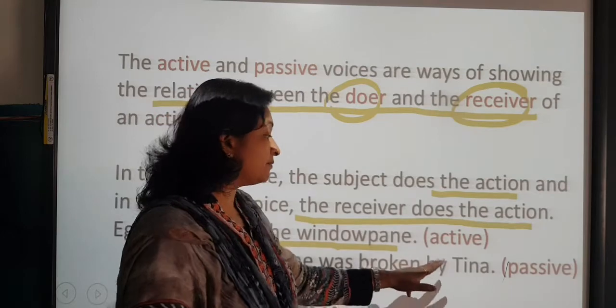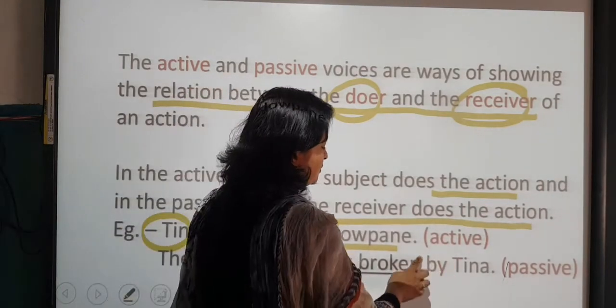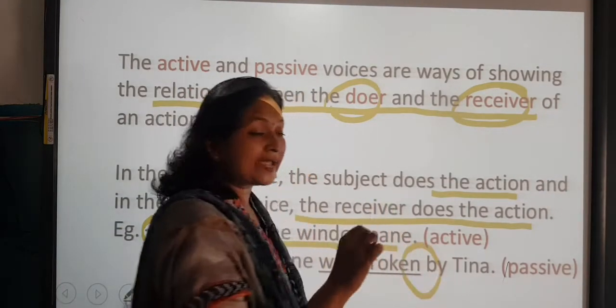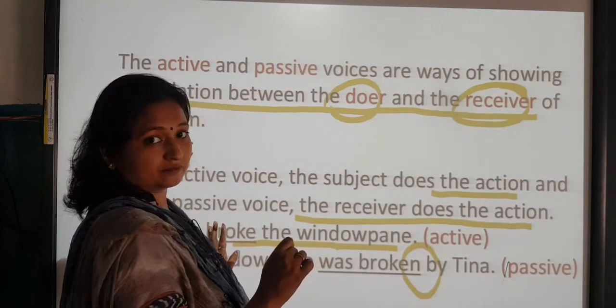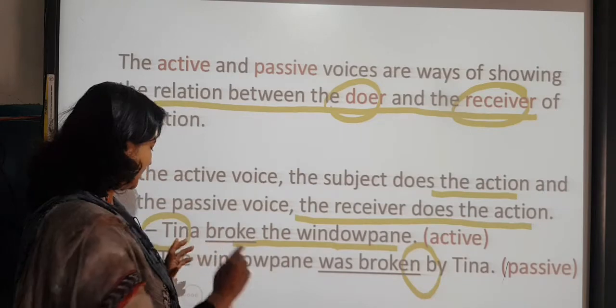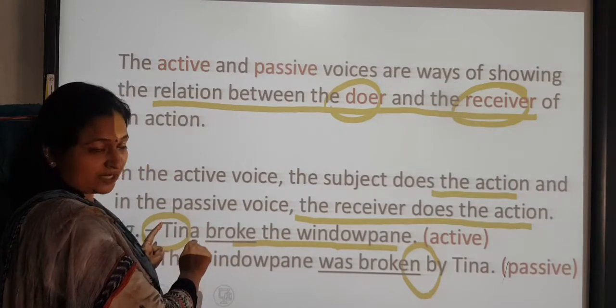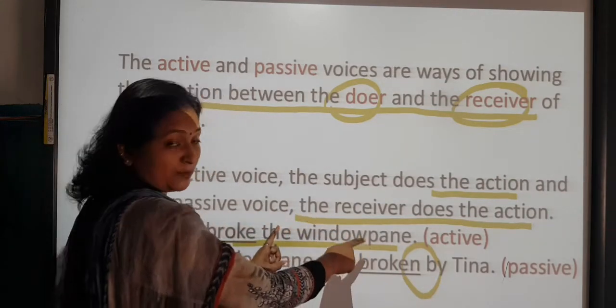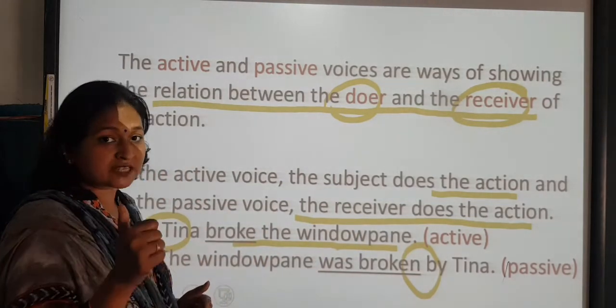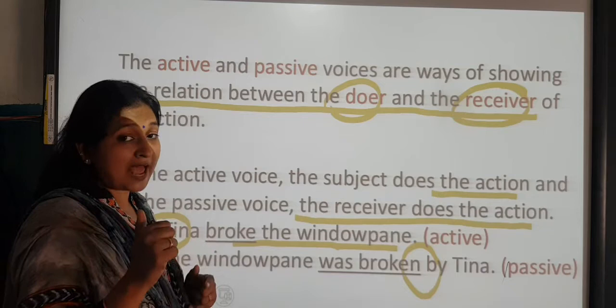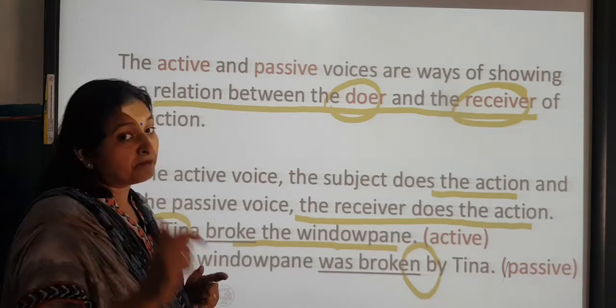Was broken by. This is also very important, that by is used in passive. By Tina. Got it? I'll explain it to you again. Tina was the subject and the window pane was the predicate. Now when you write that in passive voice, first thing, the verb will have the past participle and by would be there.